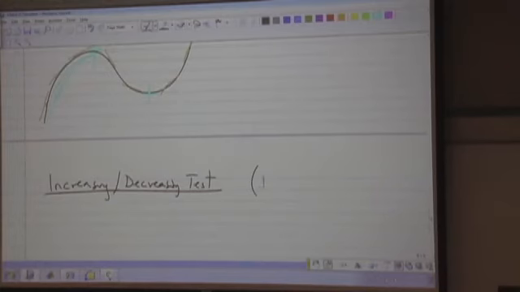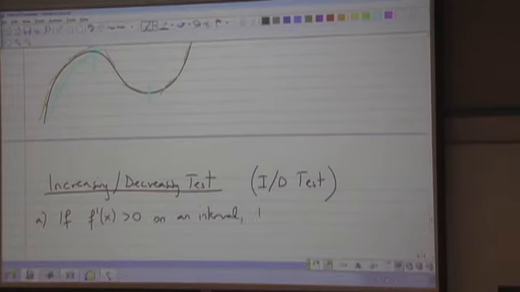The way we usually denote it is I/D. Part A says if f prime of x is bigger than 0 on an interval, then f is increasing on that interval.